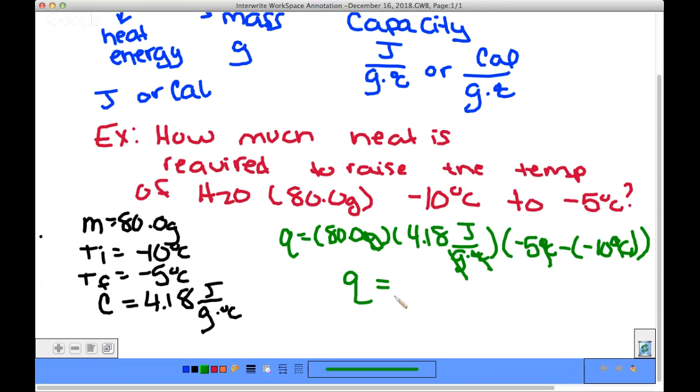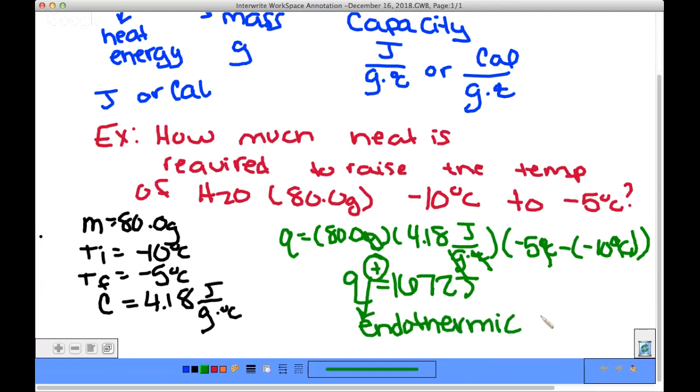So let's see. Plugging this into my calculator, we get 4.18 times 80 times 5, and we will get this to be 1,672 joules. Now, because this is positive, this means that this process is endothermic, which means that heat is required.